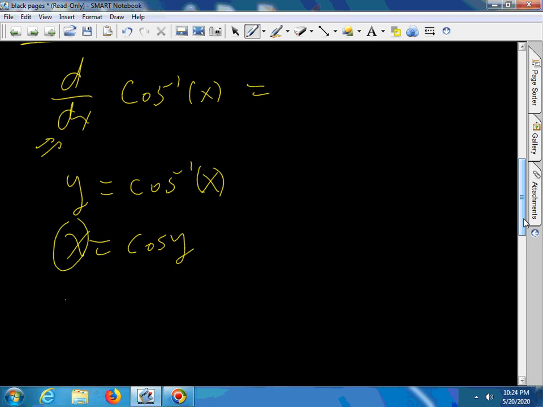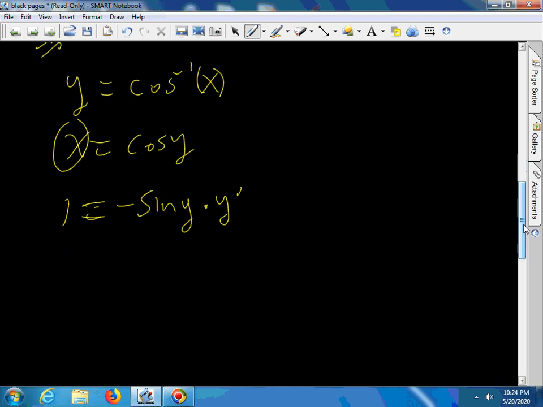The derivative of x is 1. The derivative of cosine of any angle is negative the sine of the angle times the derivative of the angle, which is not 1. It's y prime. Solving for y prime, I get y prime is negative 1 over the sine of y. And the calculus is done. I just want to get an expression for sine of y in terms of x.